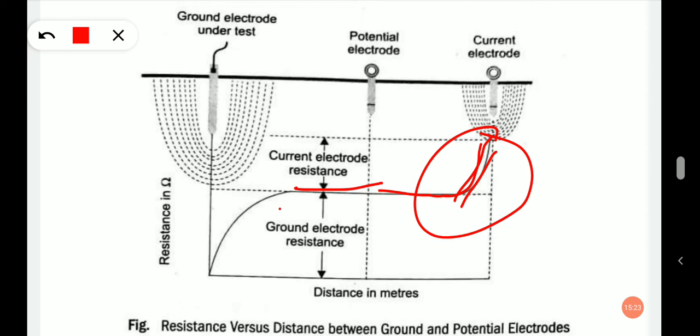In addition, the current electrode must be placed at a sufficient distance from potential electrode to achieve the error-free measurements. The distance may be as large as few hundred meters for the low resistance.